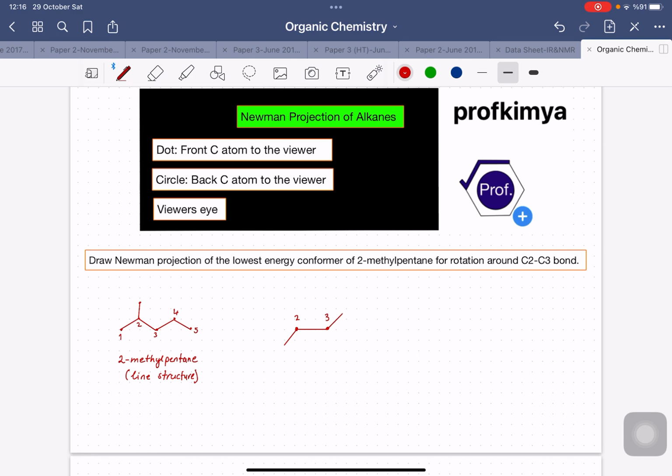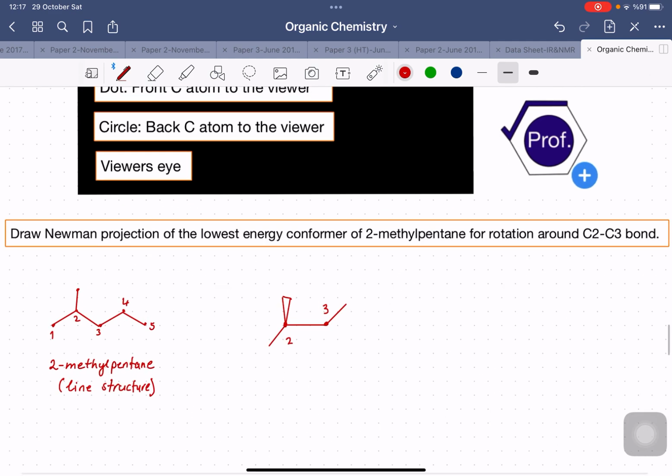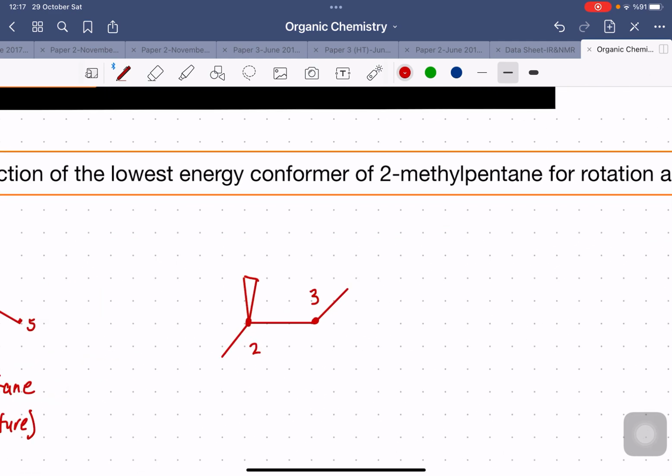Lowest energy means, okay, 2 lines in the plane. 2 lines are out of plane. One is looking at me. This wedged bond is looking at me.